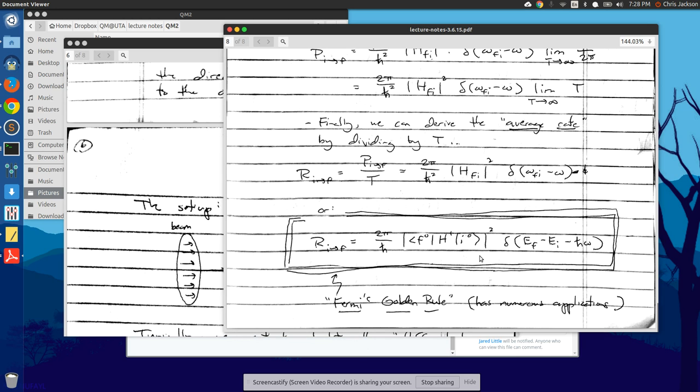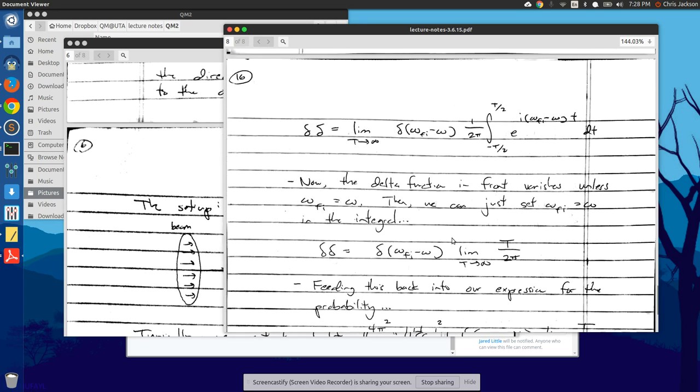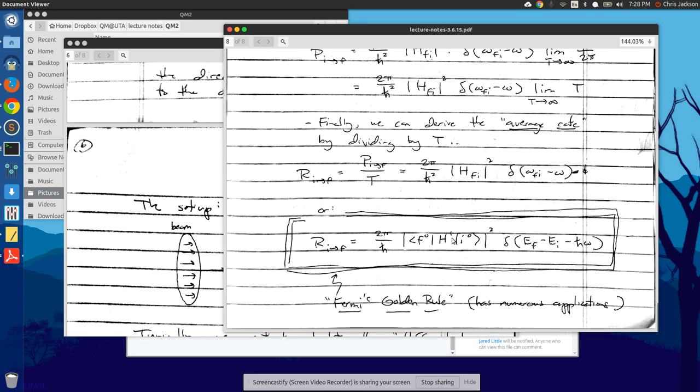It gives you a quick way to compute transition rates for systems, knowing what your states are and what your perturbation is. It's widely applicable, and it's just a good piece of physics to know.